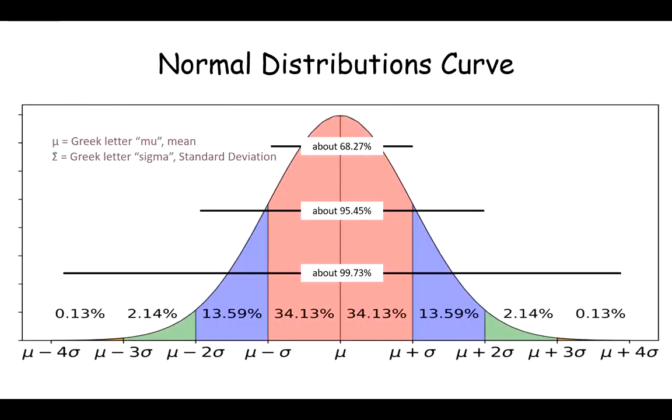Kapag ang standard deviation daw natin ay equal to 1, we can get easily the area. Ano kaya anong sukat ng area natin? We can identify it easily. Kasi meron tayong sinusundan na rule. We have the 68, 95, and 99.7 rule.